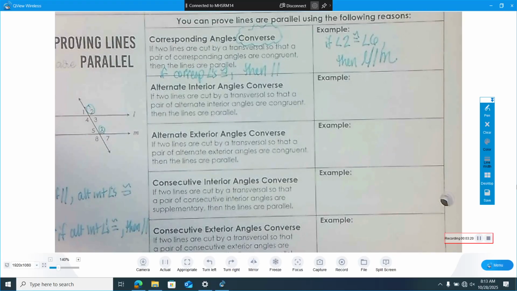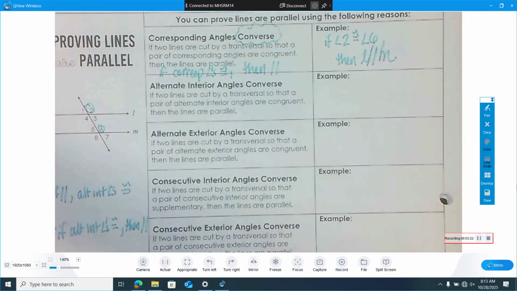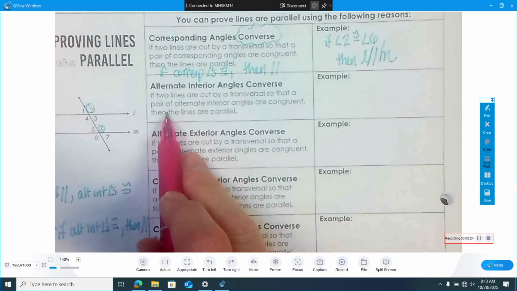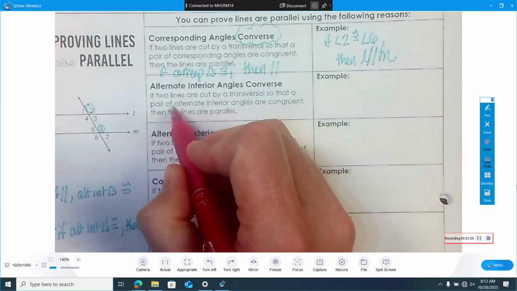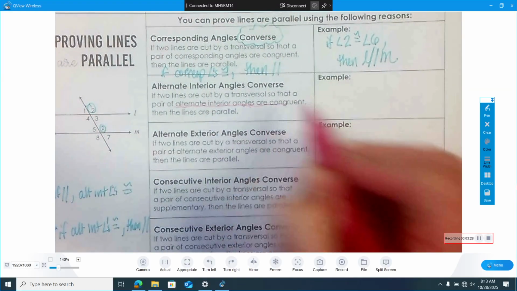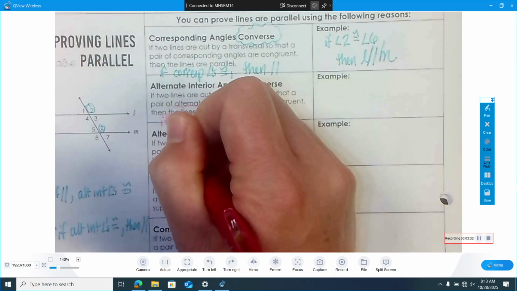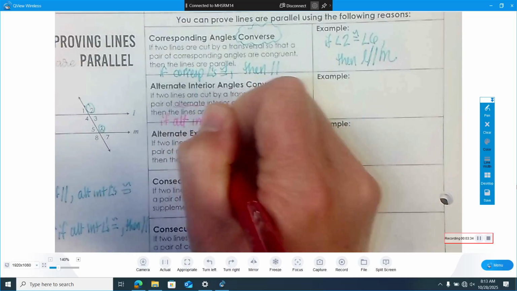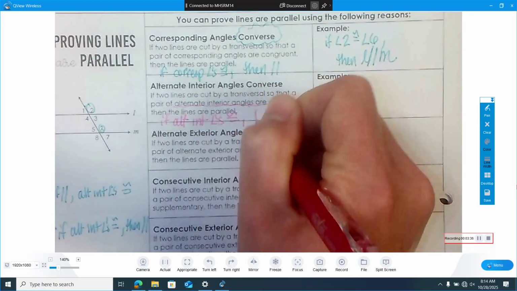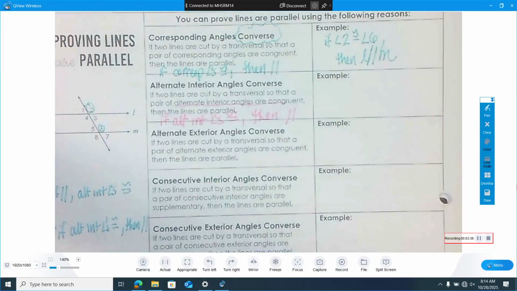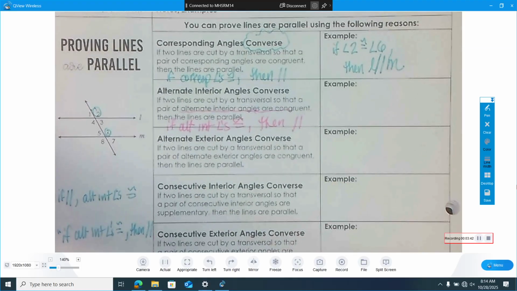Perfect. All right. The alternate interior angles converse. So if we have a pair of alternate interior angles that are congruent, then lines are parallel. So again, I'm going to shorten that. If alternate interior angles congruent, then we have parallel lines.